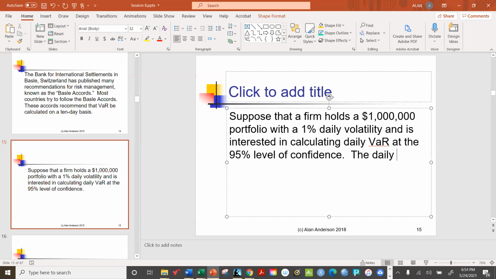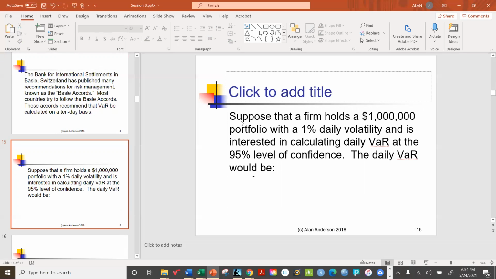The daily VAR would be, and this is exactly what we did before, $1 million times 1.645. By the way, I forgot to mention, when we do these calculations, we do not use the negative sign.